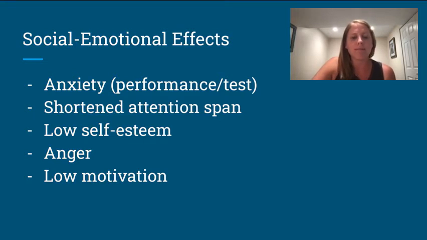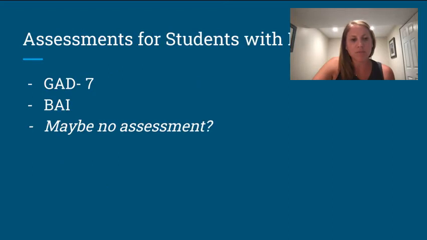So if they are not able to pay attention for a long period of time, that may result in low motivation in school, as well as low self-esteem if they're not performing at the same rate as their peers, and anger perhaps, or frustration with the way that dyslexia interferes with their learning.